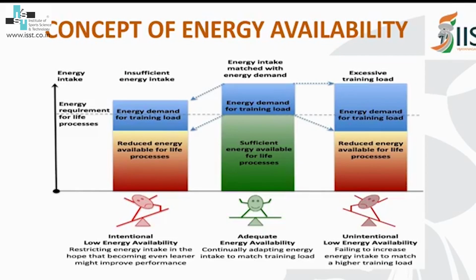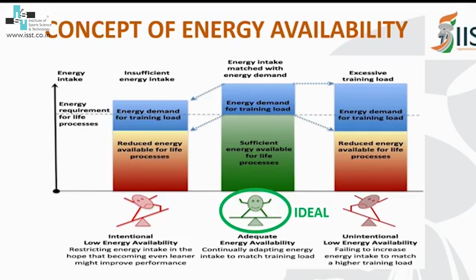So just digging a little deeper into the concept of energy availability and how we understand it for an athlete. If an athlete is eating adequately and able to manage the diet based on the training load, the athlete would be considered to be in an ideal scenario.